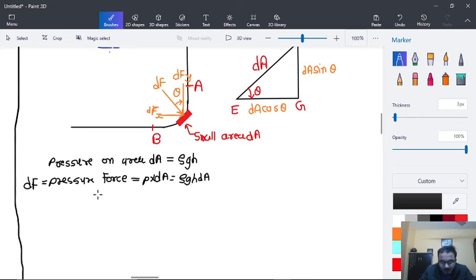So now we can calculate the total force. So total pressure force is equal to F, integration rho g h dA.